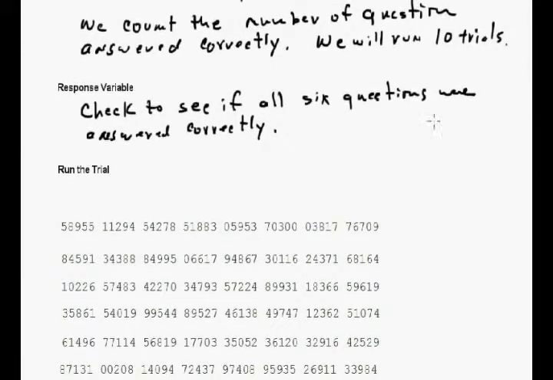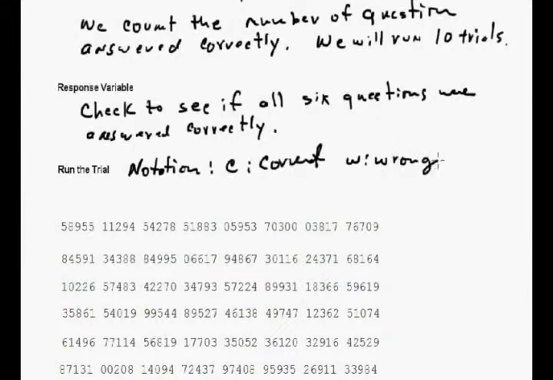Okay, so our notation: C for correct, and W for wrong. You could say a slash or a circle if you wanted, maybe a circle for correct and a slash for wrong. So there are different ways of doing it. Let's start trial 1.